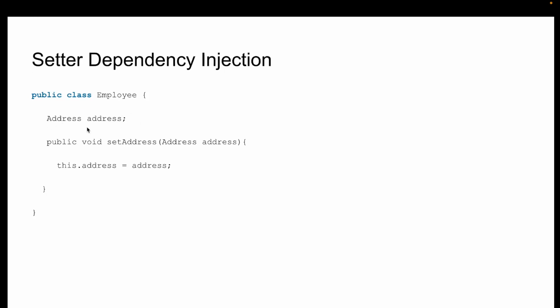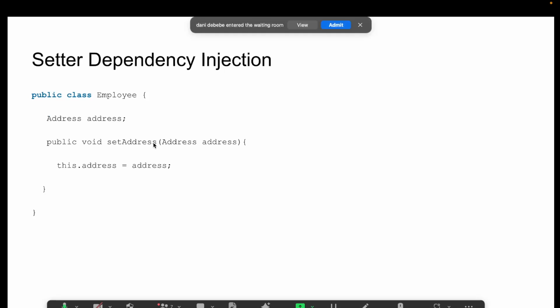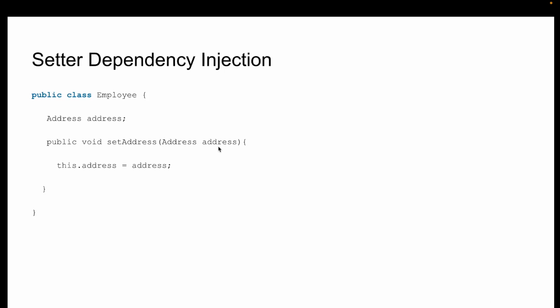We have the employee address available as a data member, and what we are doing, we are creating a method that is a setter method, and in the setter method we have a parameter named address, and we are initializing this using this setter method. So this.address equal to address. Whatever member variable that we have on the top, that is being initialized in this particular method. So this is an example of setter dependency injection.